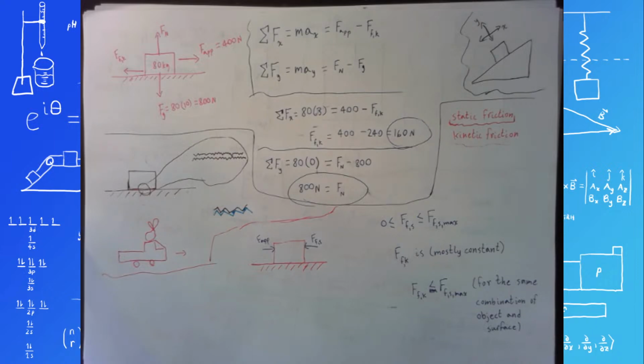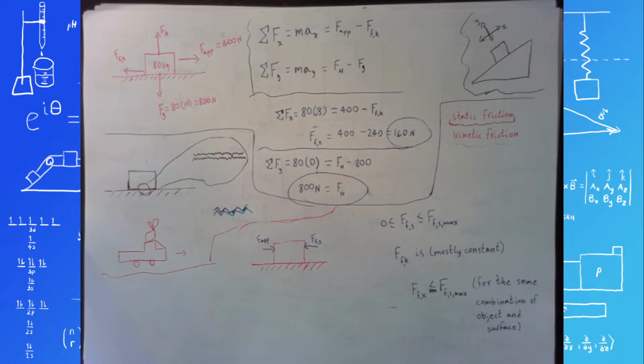Wood on wood versus metal on wood versus wood on ceramic versus metal on ceramic. You would expect different friction for each of those, even if you gave those objects the same mass and applied force. But we'll go over all that in due time.